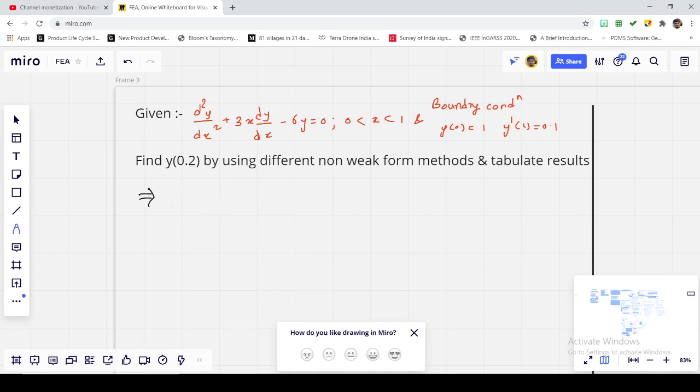First we need to find the order of the differential equation. How to find the order of a differential equation? You just have to go for the highest order of derivative available in the given system. So in this case it is 2. Then we have to assume the polynomial order.